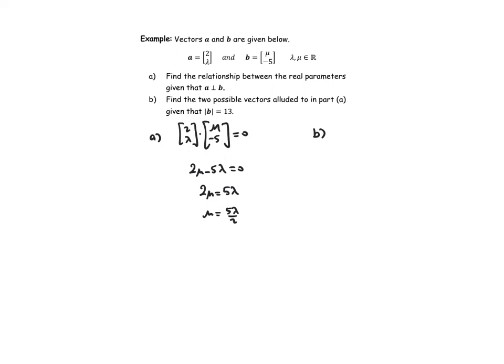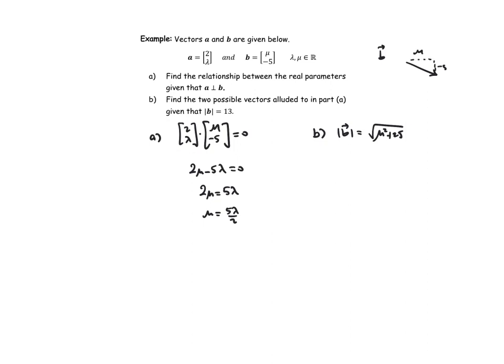So if I know that the magnitude of B is 13, well, the magnitude of B in terms of mu is the square root of mu squared plus 25. I just used the Pythagorean theorem. Let's put vector B here on the real plane. Let's say mu is positive for this example.